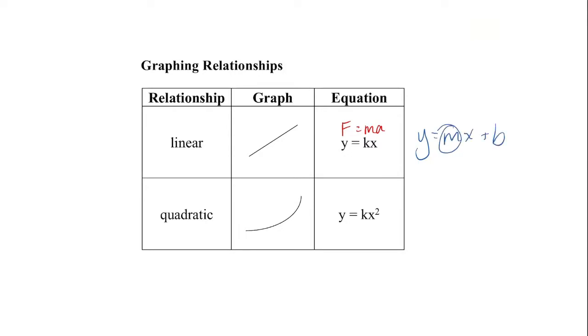The slope in physics always tells us something really important. For example, in Hooke's law, it told you the spring constant. And b, if the y-intercept's not zero, usually tells you something really important. So linear graphs just help us a lot.